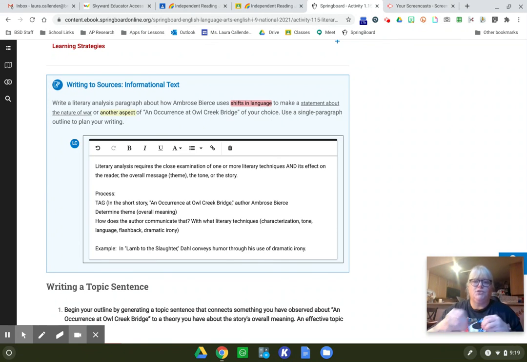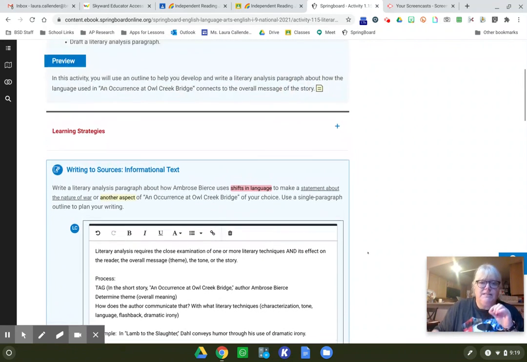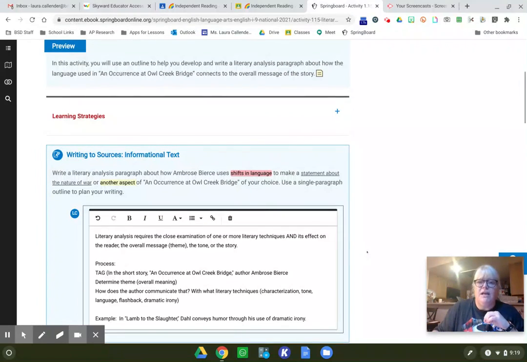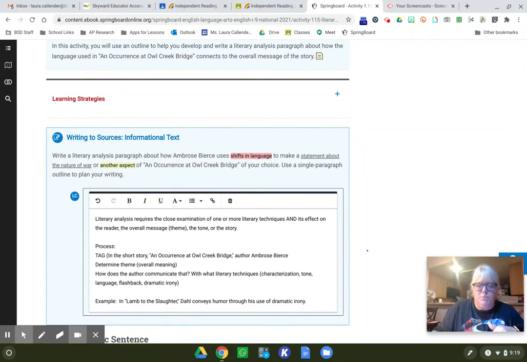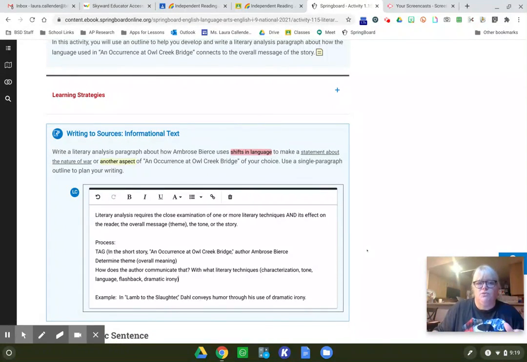Less about his journey, more about his motives and how the author reveals that. All right, so you have lots of options on what you can write about. It does not have to be specifically about the shifts of language. However, if you feel more comfortable writing about the shifts of language because you saw me model that, you are absolutely welcome to do that.